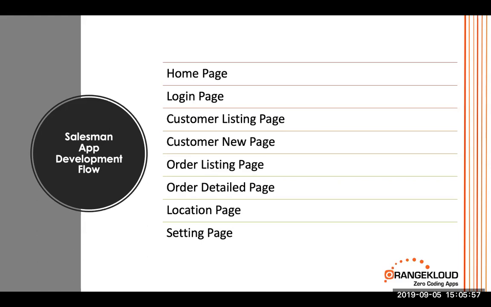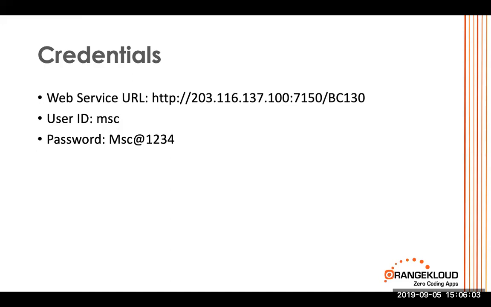And again, if you have any question, please do raise it up. Okay, in this scenario, we'll be using this instance of our Dynamics BC. These are the credentials you'll be using as well. If you have your own Dynamics BC web service published, please feel free to use that.